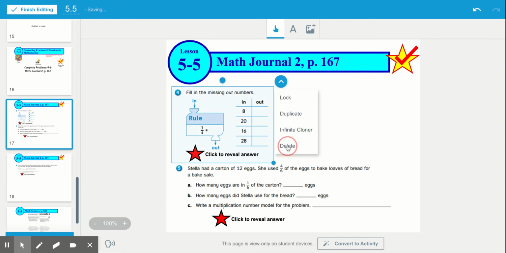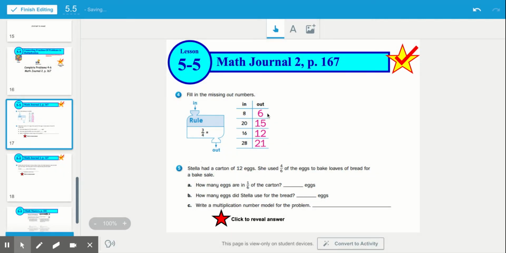So hopefully after you completed all that, you got 6, 15, 12, and 21, because 1/4 of 8 is 2, so 3 would be 6. 1/4 of 20 is 5, so 3 would be 15. 1/4 of 16 is 4, so 3 would be 12, and 1/4 of 28 is 7, so 3 would be 21.